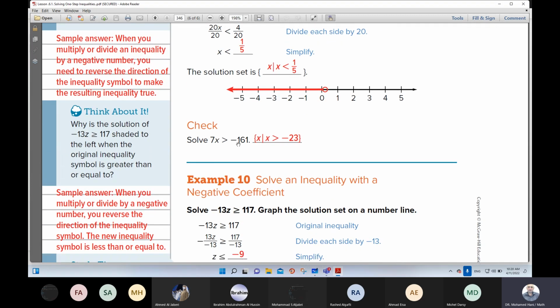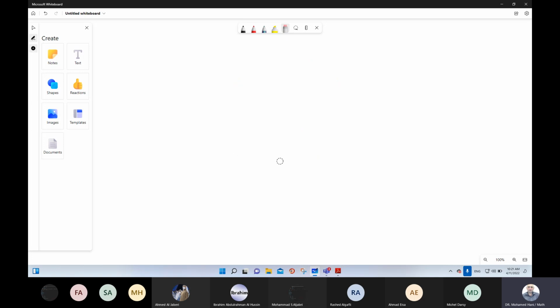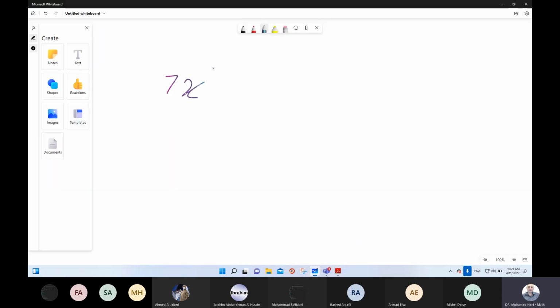In this example here, we have 7x greater than negative 161. To solve this inequality, try to remove 7 to keep x alone. How to remove 7?